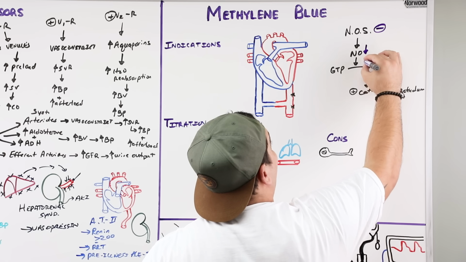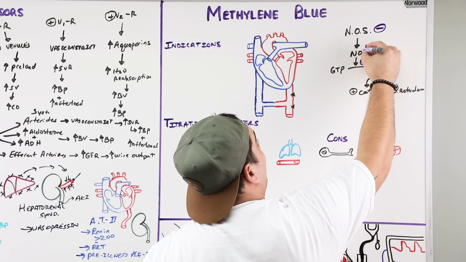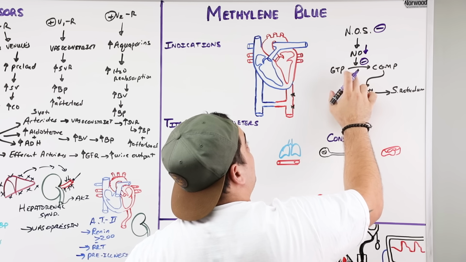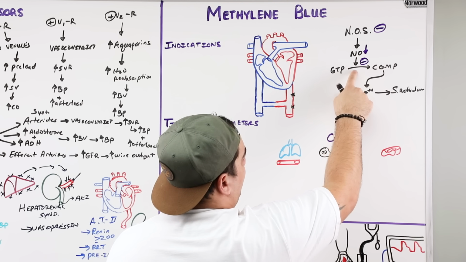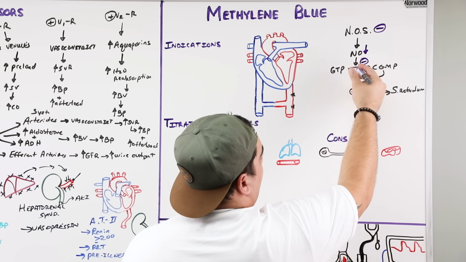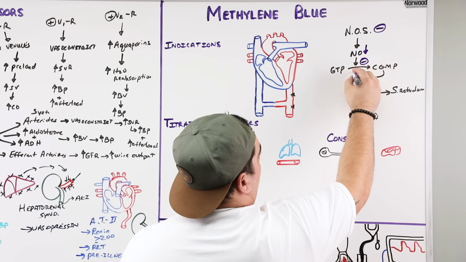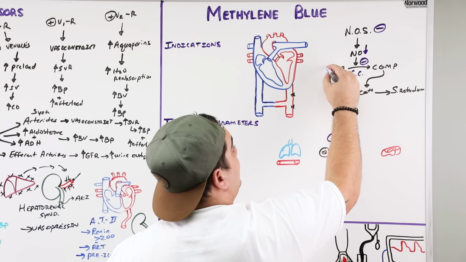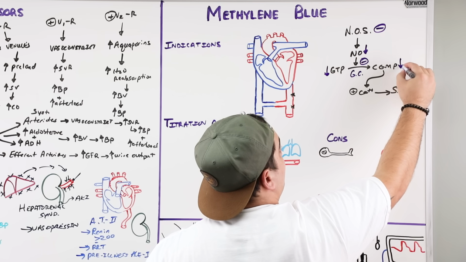It also inhibits the activity of nitric oxide on being able to stimulate an enzyme right here that triggers this step of GTP to cyclic GMP. It's called guanylyl cyclase. And nitric oxide is involved in this step. So methylene blue inhibits nitric oxide synthase, lowering the nitric oxide. Less nitric oxide means less conversion of GTP into cyclic GMP.